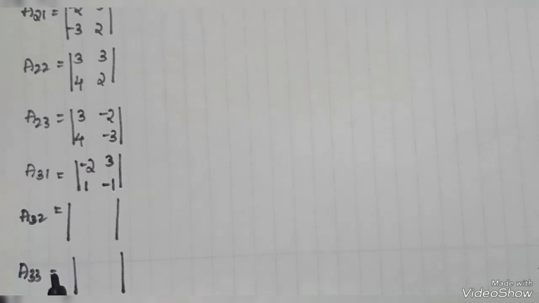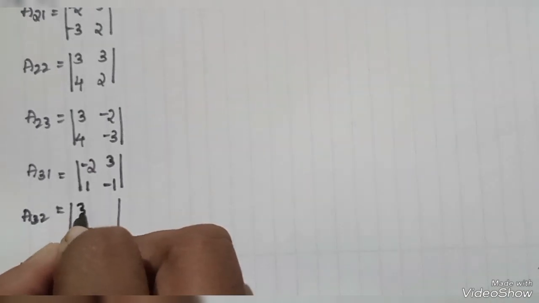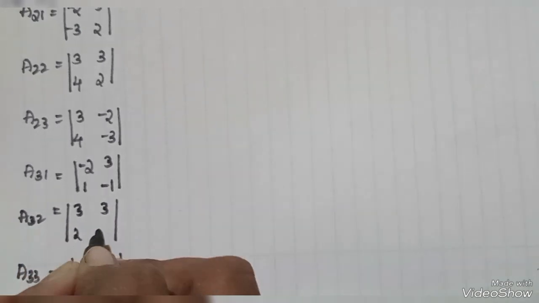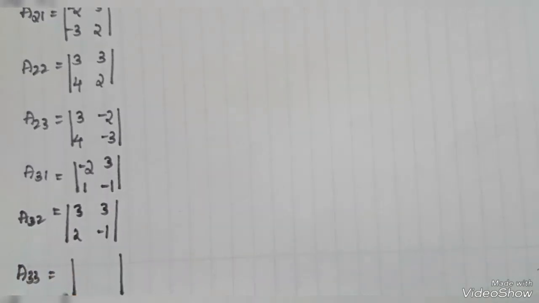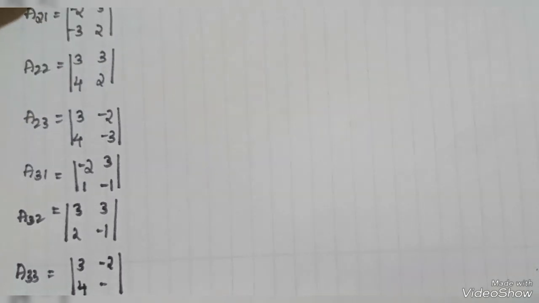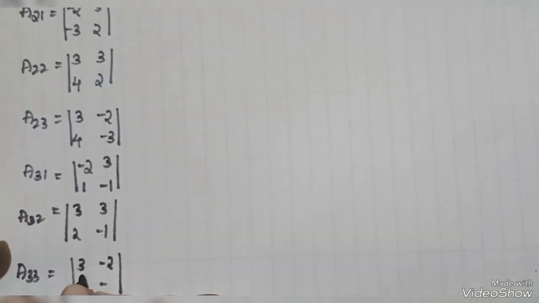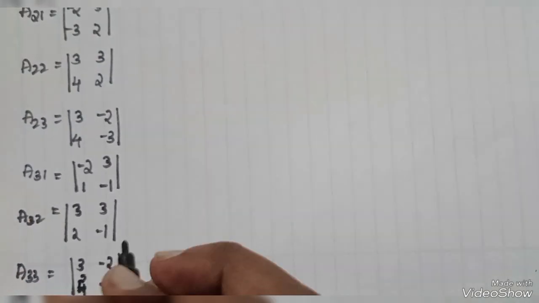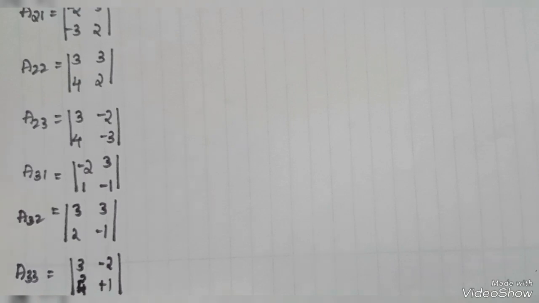Again for the second element, neglecting the row and column, 3, 3, 2, minus 1. For the last element, 3, minus 2, 2, 1.